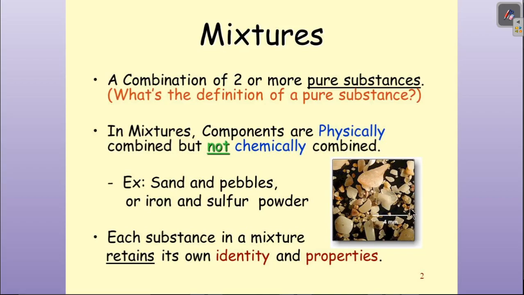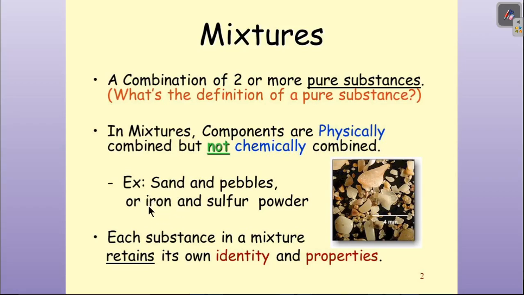What else? When you have mixtures being heterogeneous or homogeneous, it doesn't matter what kind of mixture you have. Each component of the mixture retains its own identity and properties. So for example, if you mix iron and sulfur, which are two elements, two pure substances from the periodic table, you mix it together, the iron is still magnetic.